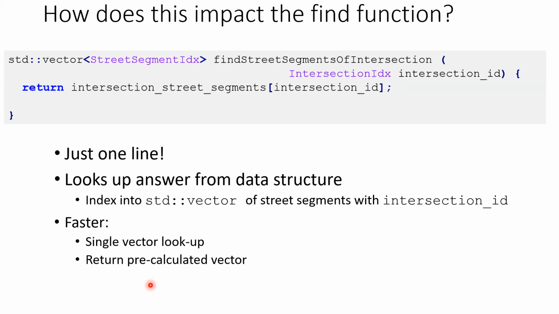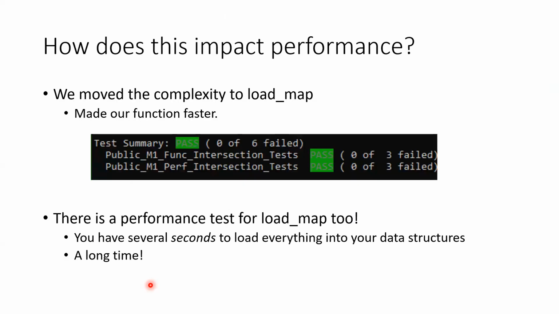Does this make sense? I'll take that as no questions. And after this, if you run the intersection test again, you'll see that the performance test has passed.